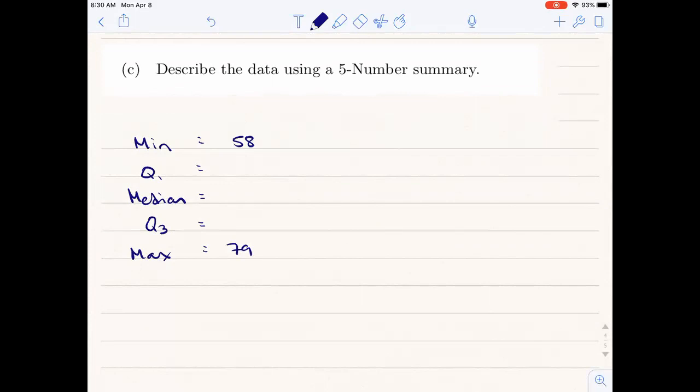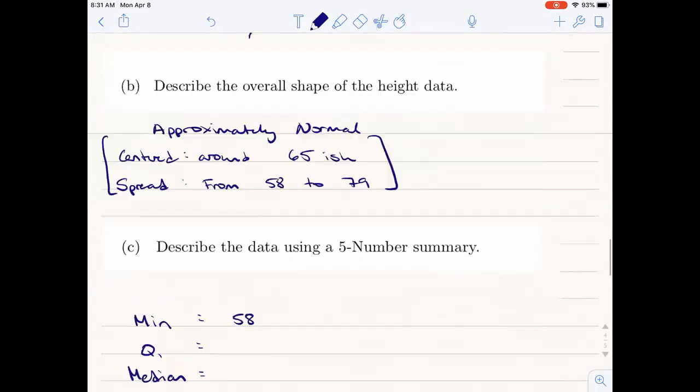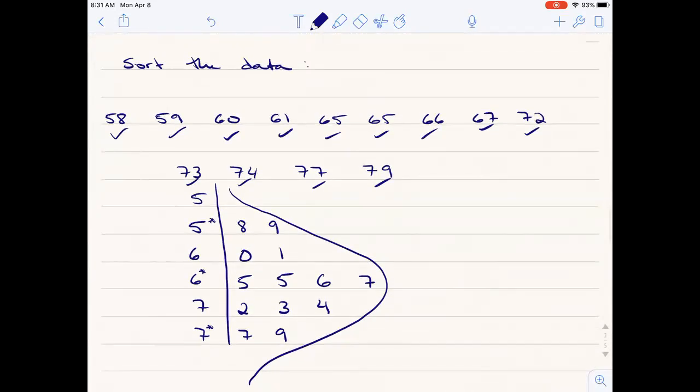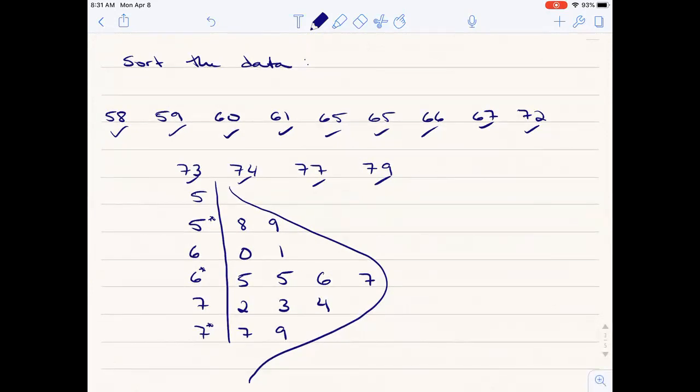For our quartiles, we're going to count in, so use the boop, boop, boop method just to count in. Start here at 58 and 79. I landed on 66 as my median.